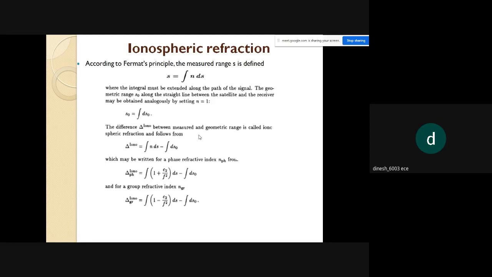Next is Fermat's principle, where we are going to measure the ranges.